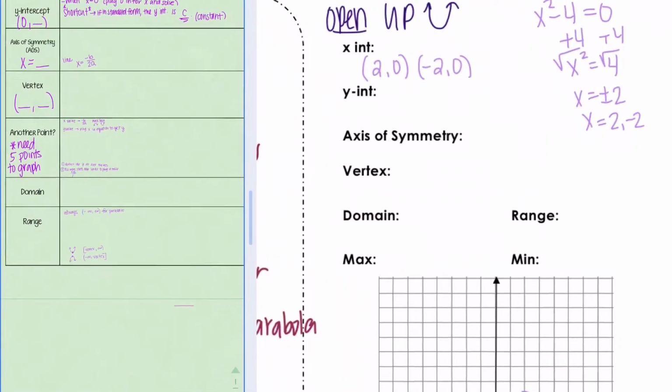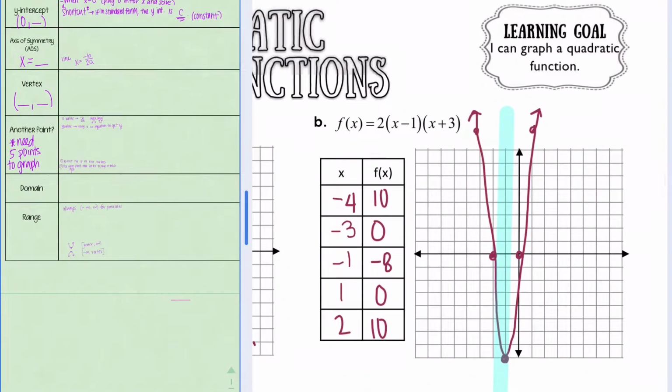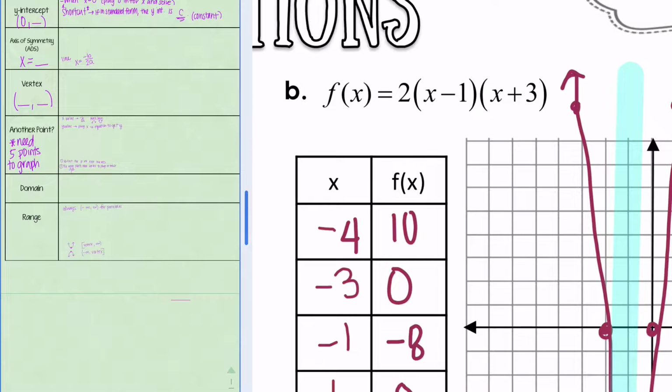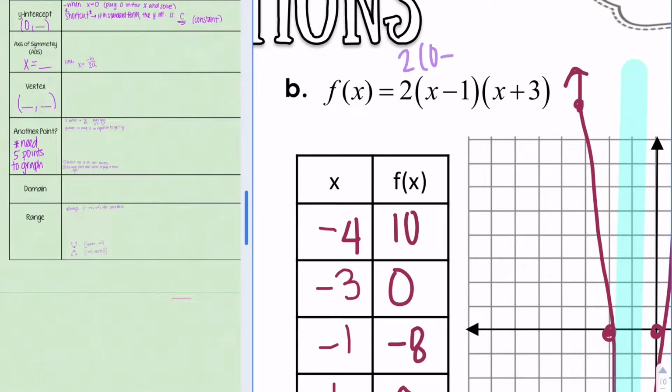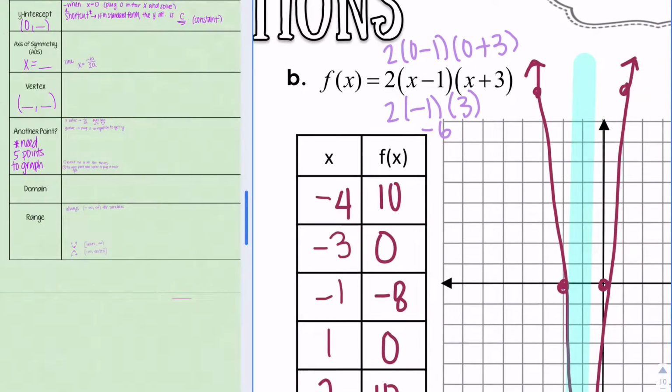So if we do that, for example, if we look up here at this one, we would plug 0 in for x, so you'd get 2 times 0 minus 1 times 0 plus 3. So we'd have 2 times negative 1 times 3, and that's negative 6, right? So that right there would be our y-intercept.